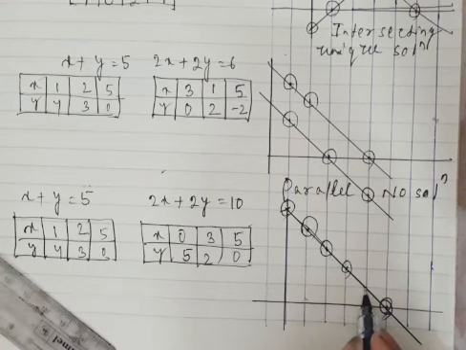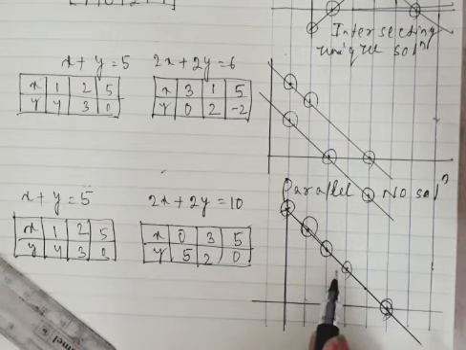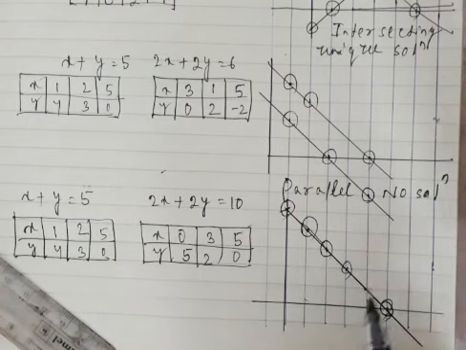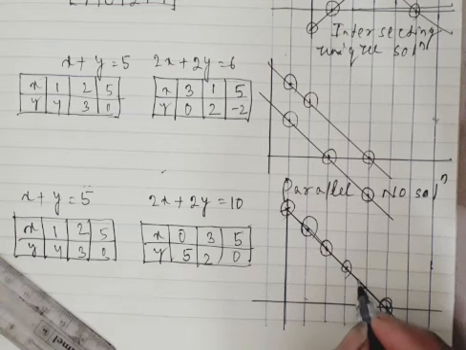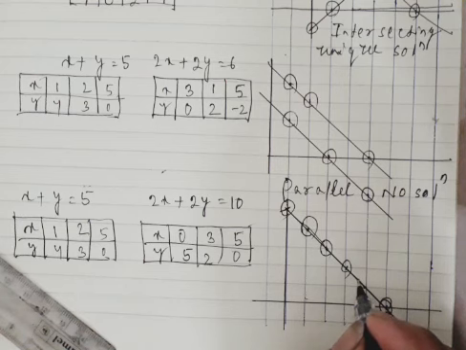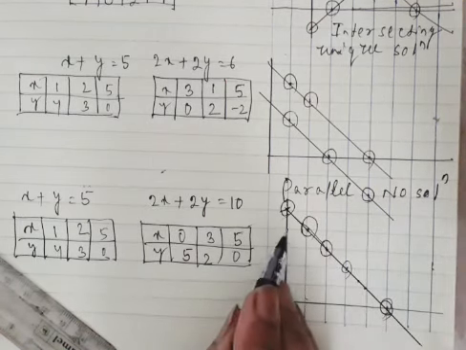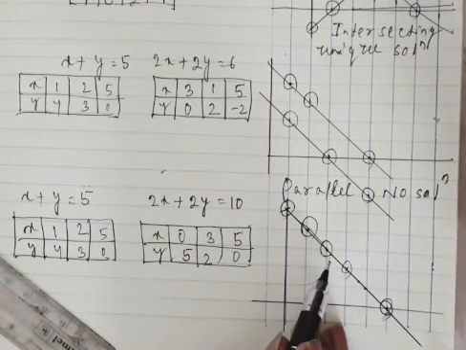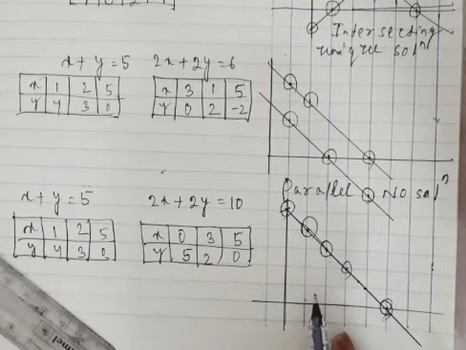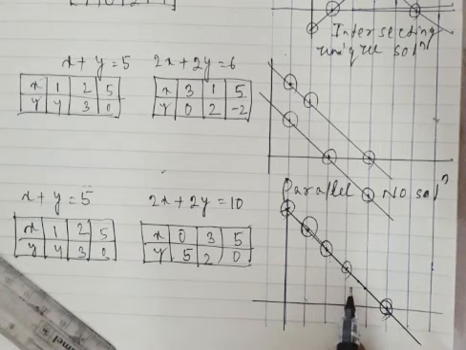That means both the lines have an infinite number of solutions. Why? Because again you see, if I take a point on the first line, that is also a point on the second line. From the graph it is very clear, the lines are coincident, so they have an infinite number of solutions.